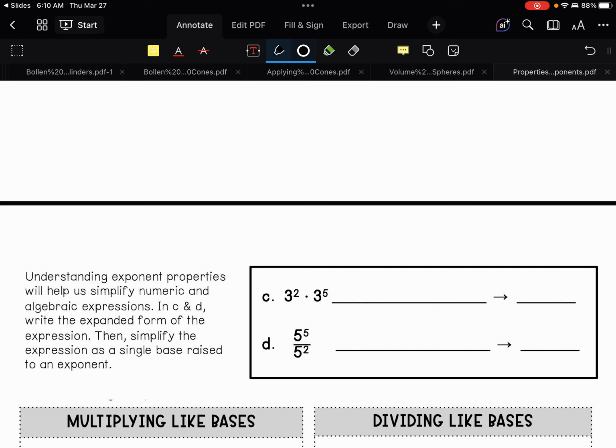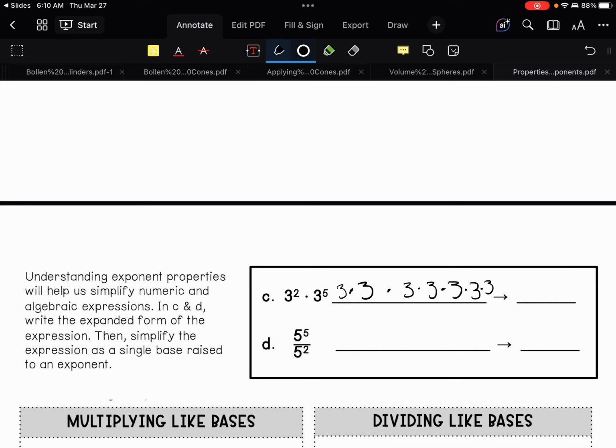Here in C and D, we're going to write the expression in expanded form and then simplify to help us realize what we're going to do in the later problems. So we have 3 times 2 times 3 times 5. So we have 3 twice and then times 3 five times.